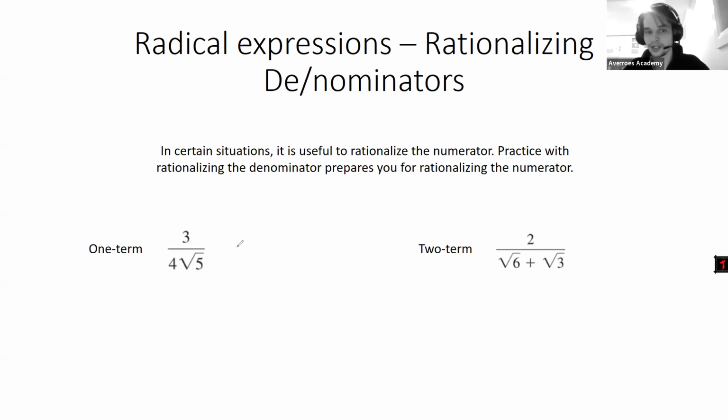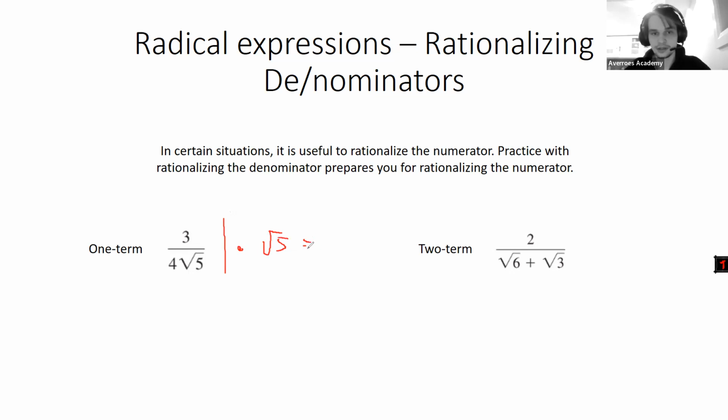One of the easiest ways to do it is simply to multiply numerator and denominator by the same coefficient to maintain the initial equation. This is just like subtracting or adding to both sides of an equation. It's the same with multiplying and dividing. So for this example, we're simply going to multiply both parts by the root of 5.